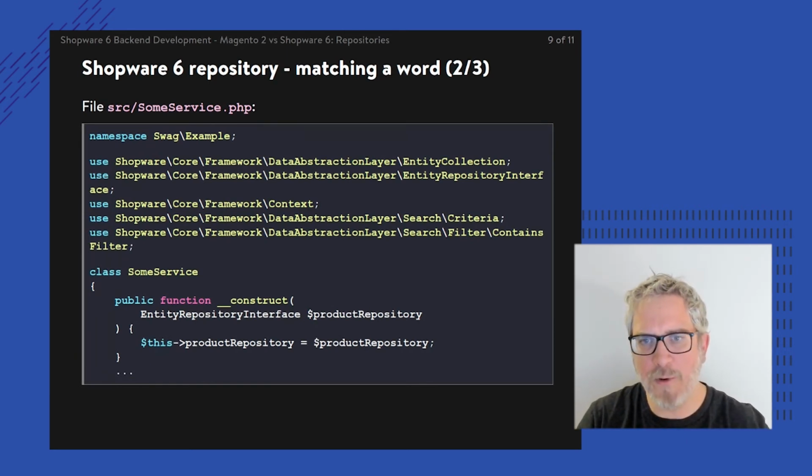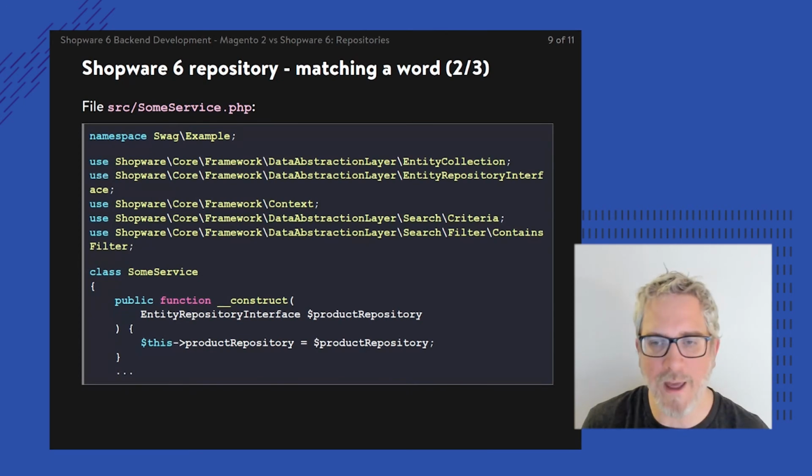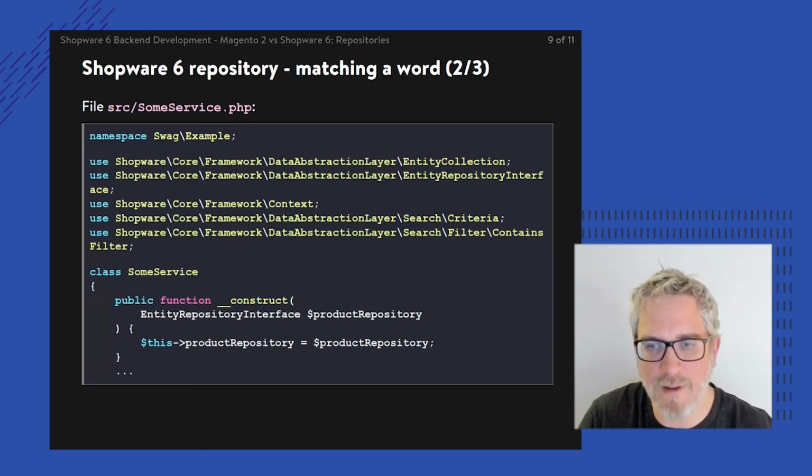Together with the service definition in XML, the DI container is able to wire that all together. Wiring, more specifically auto wiring, is one of the cooler features of the service container of Symfony. But the dependency injection bit is the same thing.